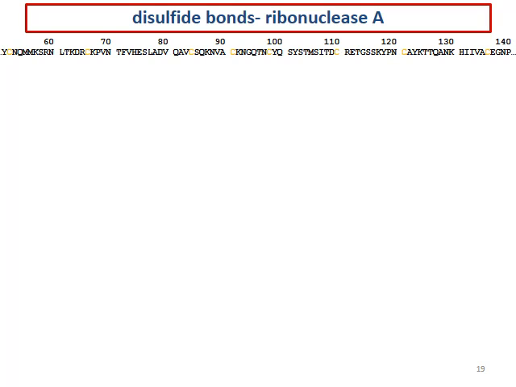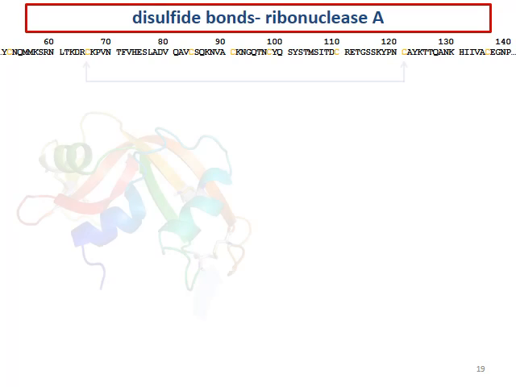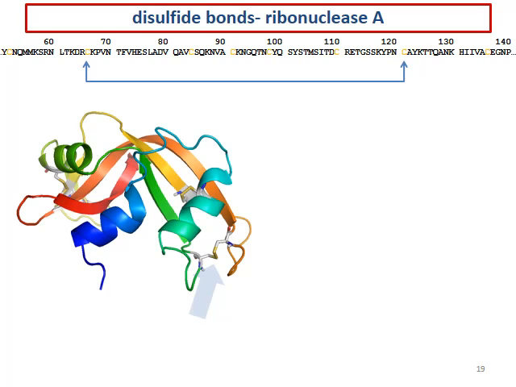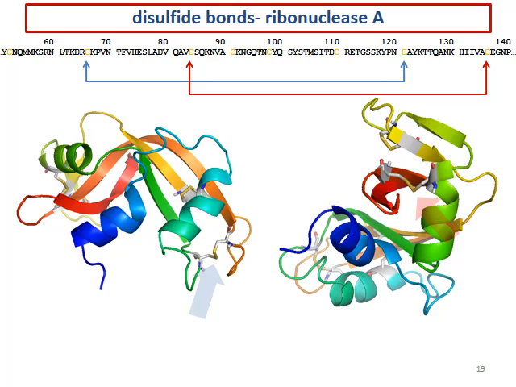Within ribonuclease A, which is a very well-studied enzyme, there are several disulfide bonds. As you can see here, there are several cysteine residues, as pointed out by the yellow C in the amino acid sequence that you see before you. And the disulfide bonds in ribonuclease A are occurring between the blue link cysteines here.